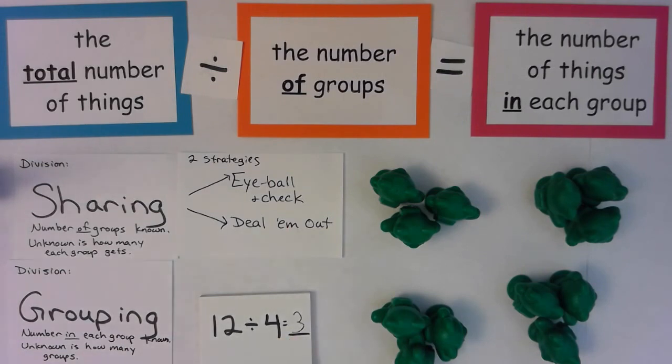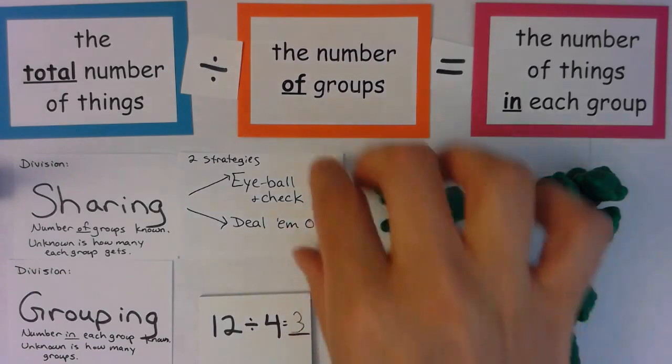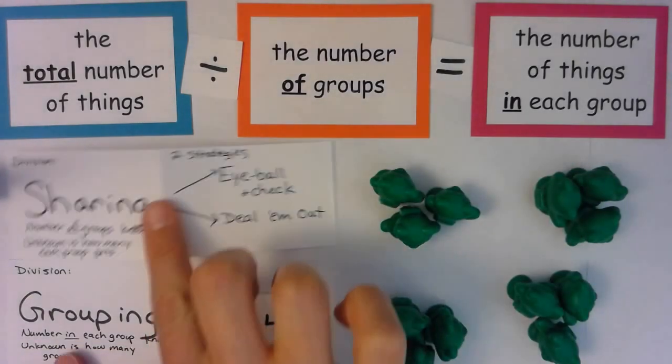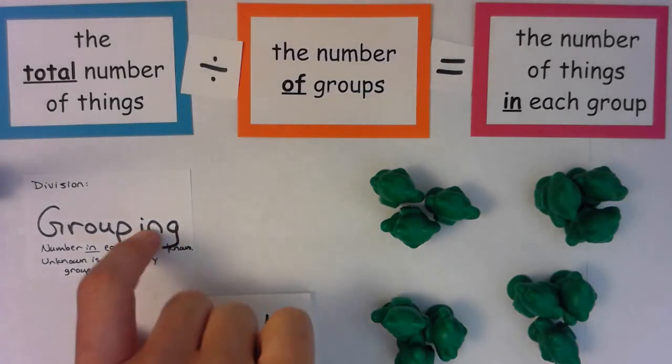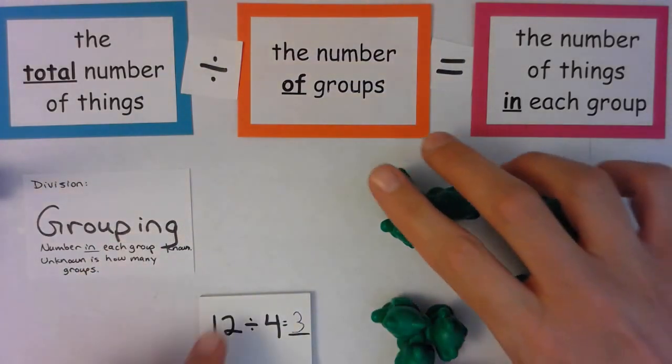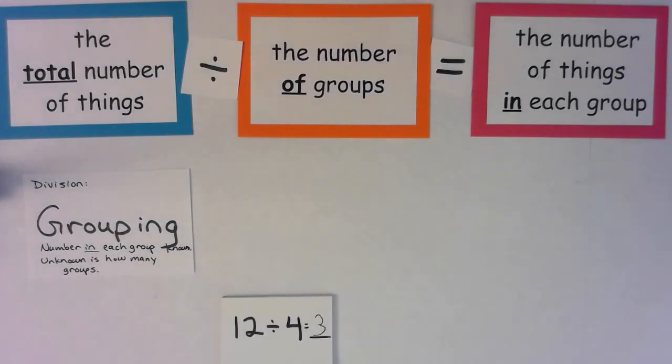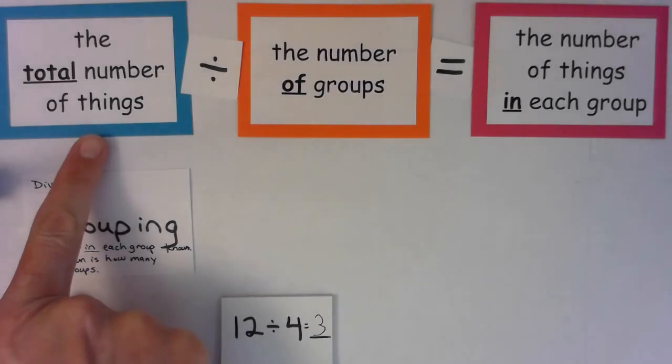Now, sometimes we actually have word problems where it talks about the grouping method of division. So, for example, it might say we want 12 bells, and that's the total number of things that we want.